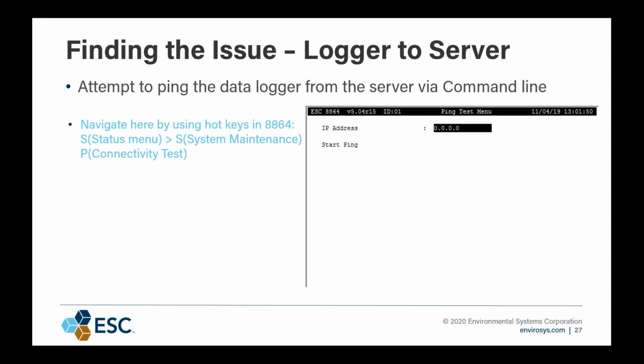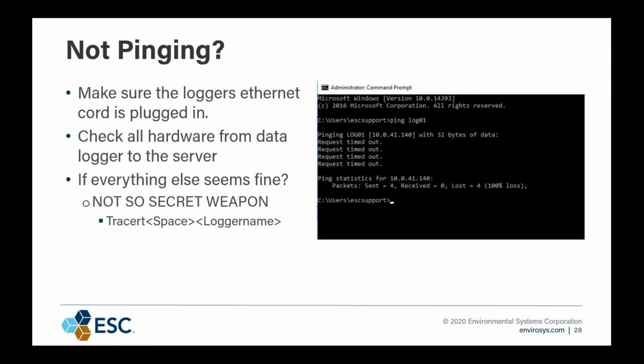You would do this by going into the logger and using the hotkeys listed below, and you'd be entering the IP address of the server itself. This will give you the same messages as it did on the ping test. It'll let you know whether you received a 100% loss, or 0% loss if passed.